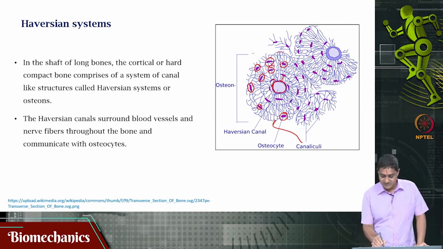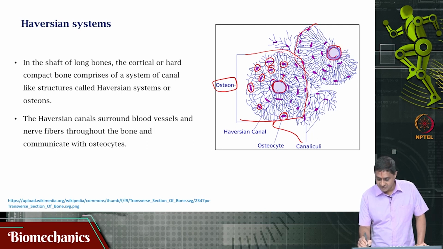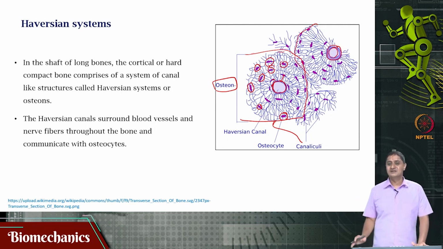This subunit is called an osteon, and here is another osteon with its own Haversian system. There are many such Haversian systems within each compact or cortical bone.